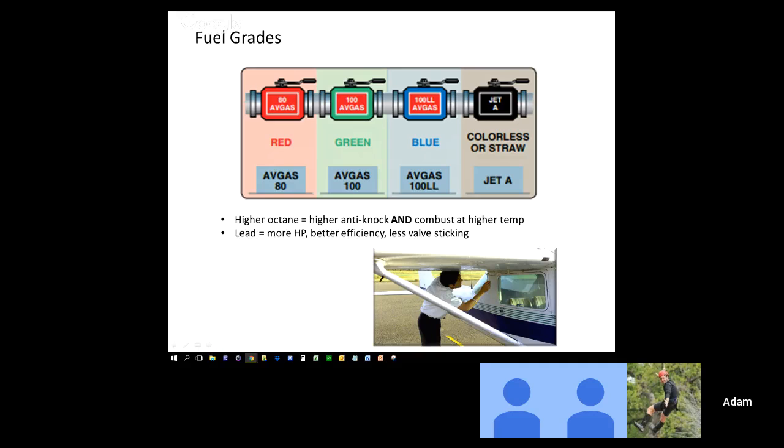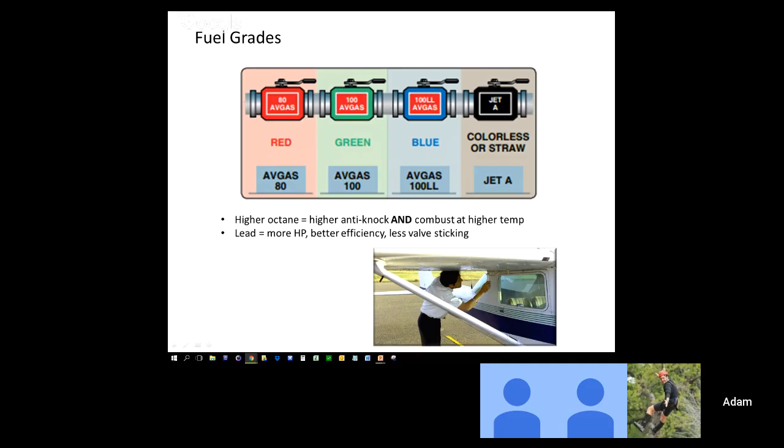I know the aircraft that I currently fly, you can use 100 low lead or 100. Always want to use the fuel grade that pertains to your aircraft to avoid elements that we talked about in the last class, such as pre-ignition.